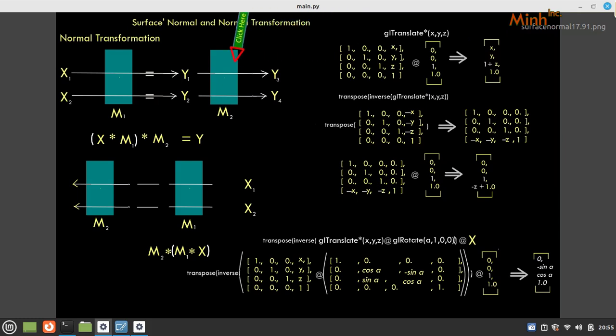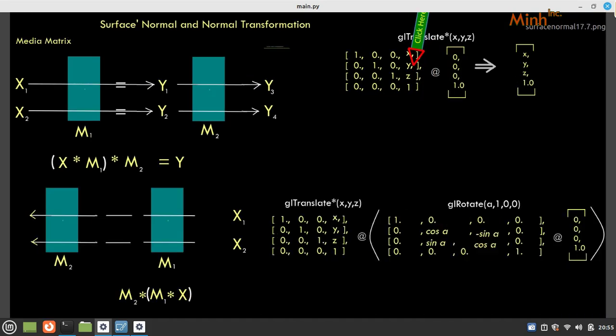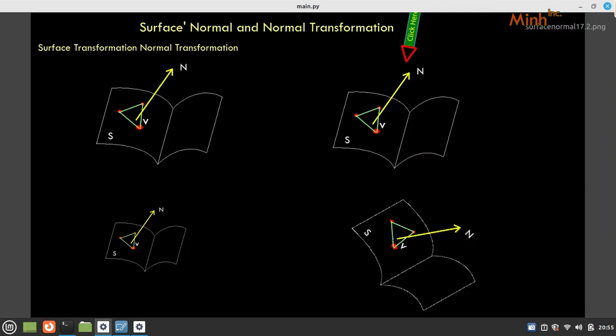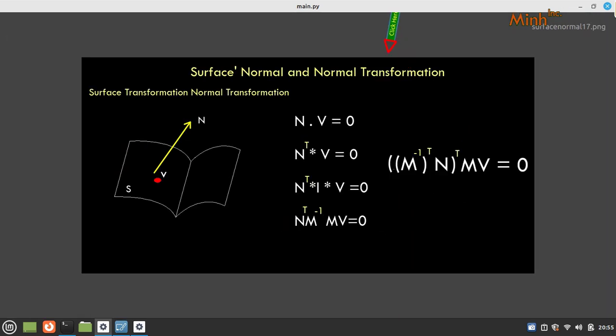Okay, now we talked about two matrices in OpenGL. Now, can we remember, if there is a transformation of M on a vertex position, then there is a transformation of M inverse and then transpose on the normal.